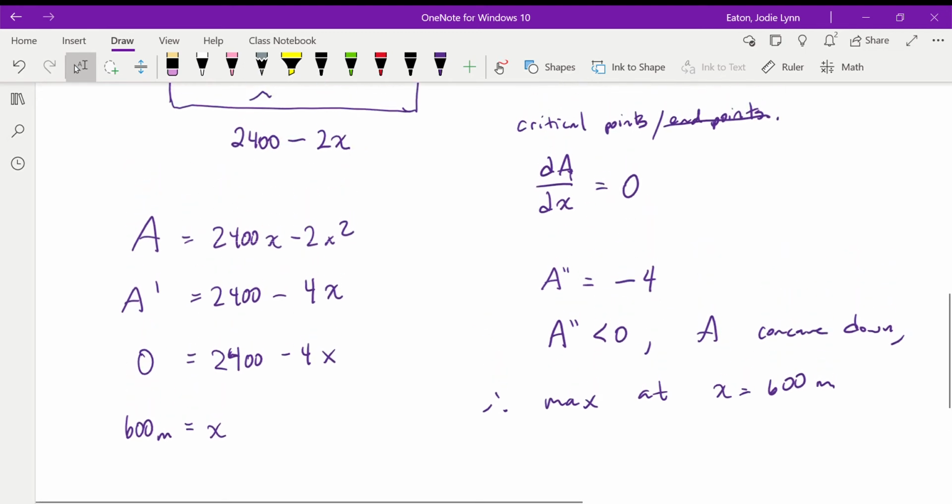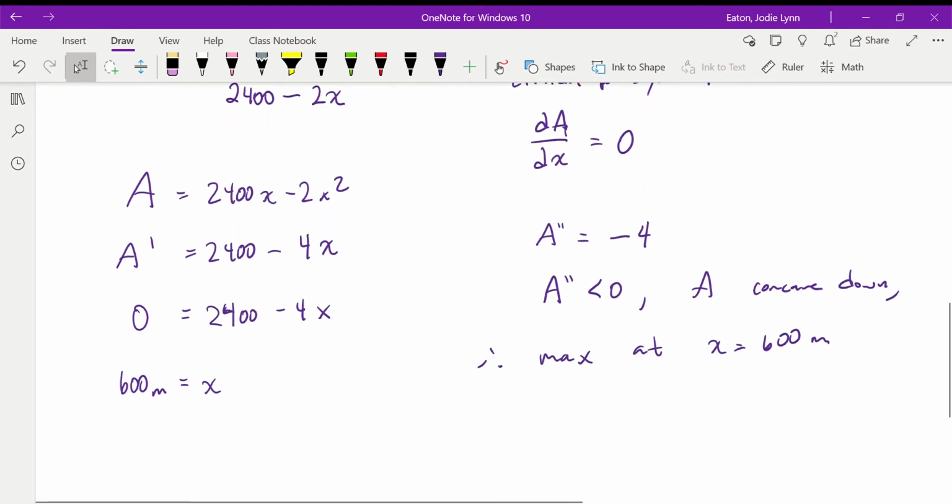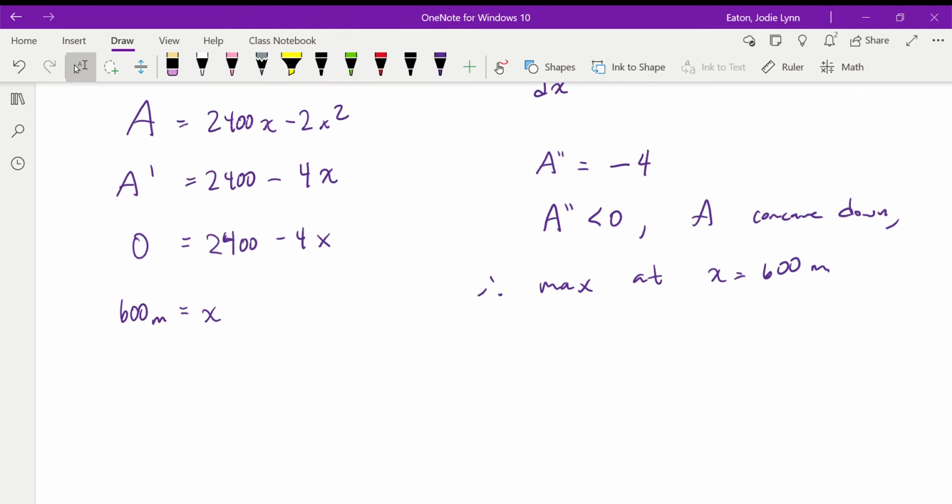Not 2400 minus 2x squared, just 2400 minus 2x. So 2400 minus 1200 leaves us with 1200. So our dimensions are 1200 meters by 600 meters. That will give us the largest area.